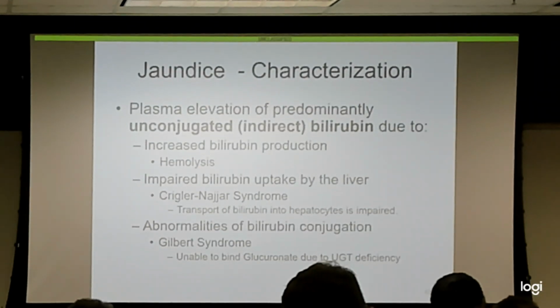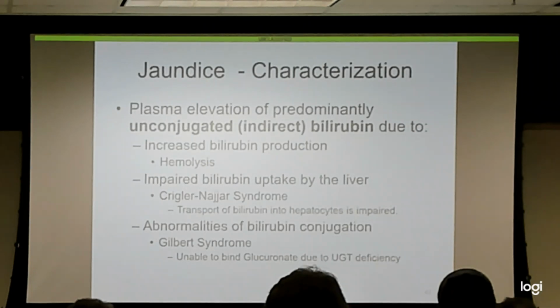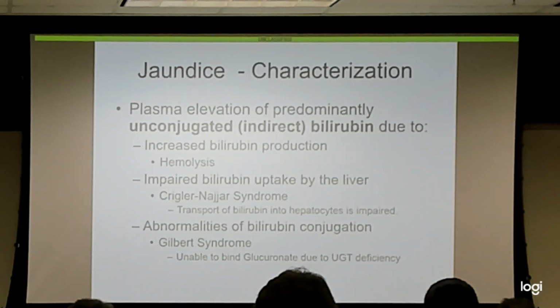So, plasma elevations are predominantly unconjugated or indirect bilirubin due to increased bilirubin production, hemolysis. Impaired bilirubin uptake by the liver, that's at the hepatocyte at the top, that's the Crigler-Najjar syndrome. Abnormalities of bilirubin conjugation, Gilbert syndrome.